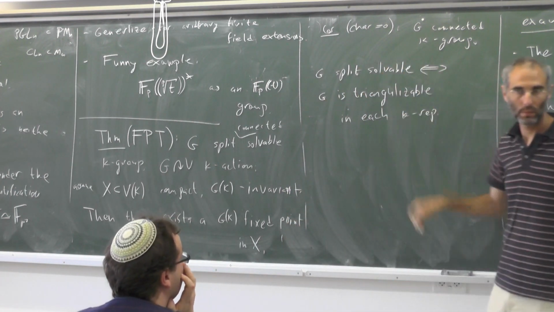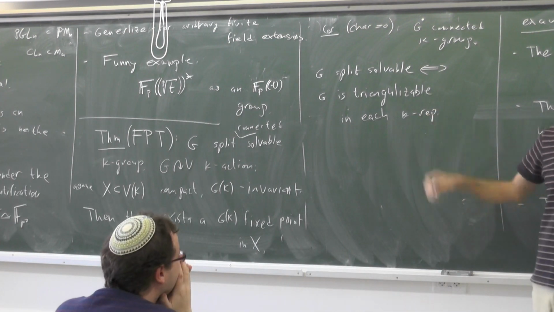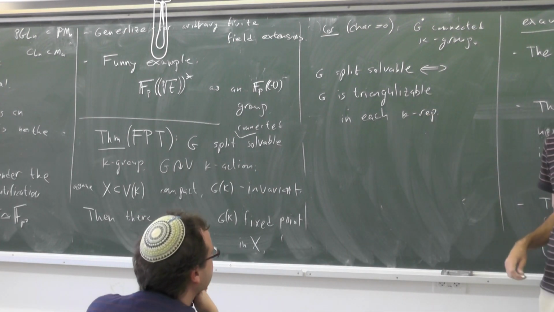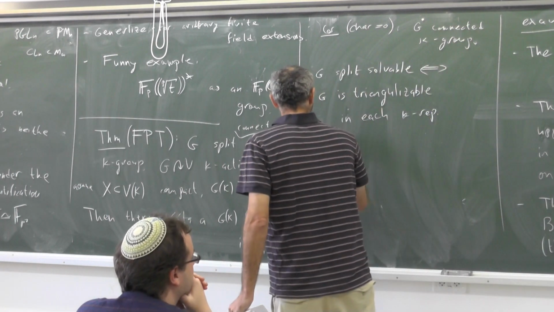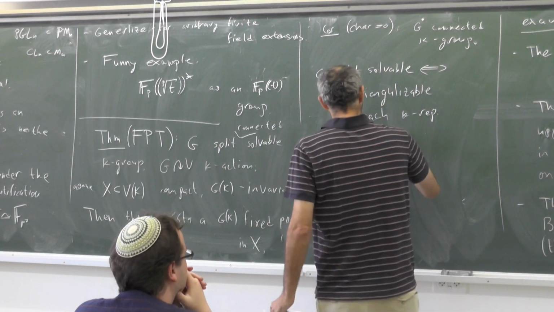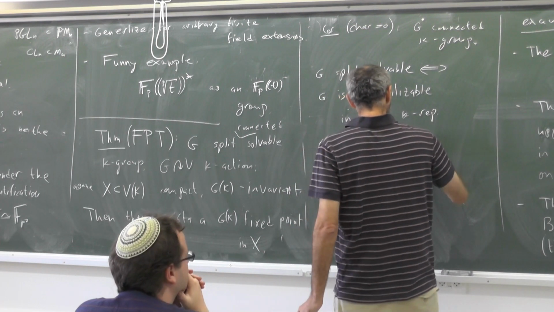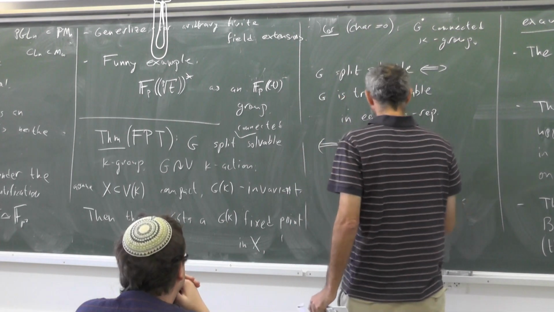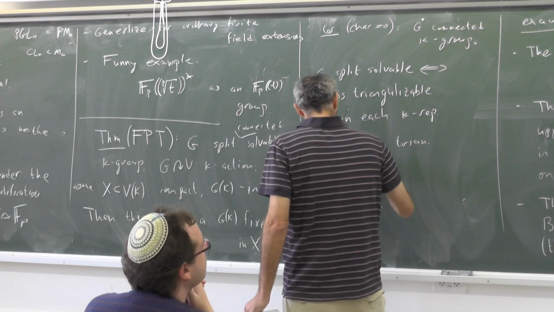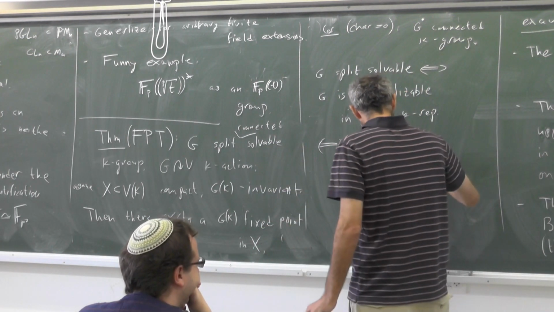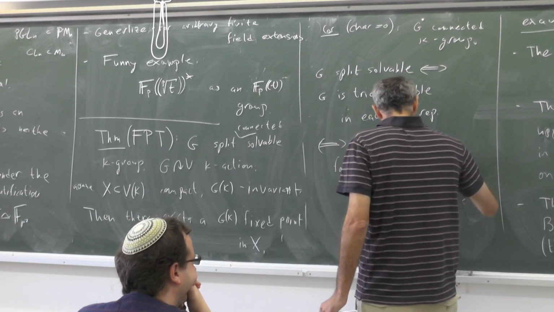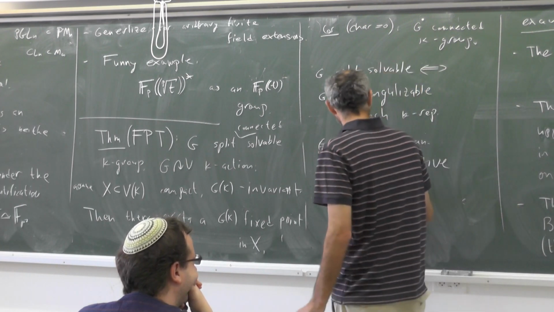So whenever I let G act linearly on a vector space, I can triangulize it if and only if G is triangulizable for some injective K representation.